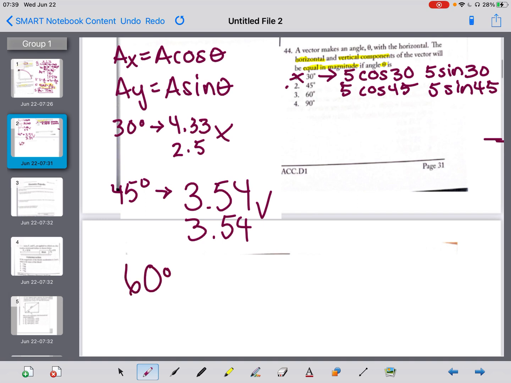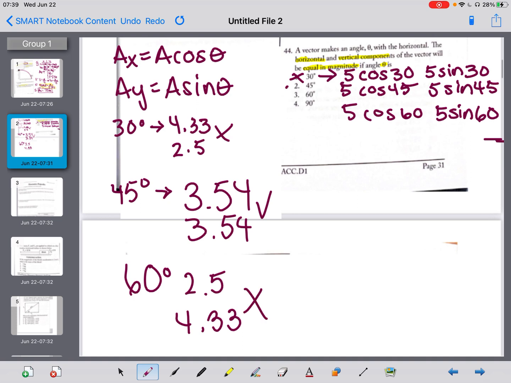60 degrees. So again, 5 cosine 60 and 5 sine 60. 5 cos 60, I get 2.5, and 5 sine 60, I get 4.33. Notice it's actually the reverse of the 30 degrees, so that's not good. So I can get rid of answer 3. Now let's try 90.